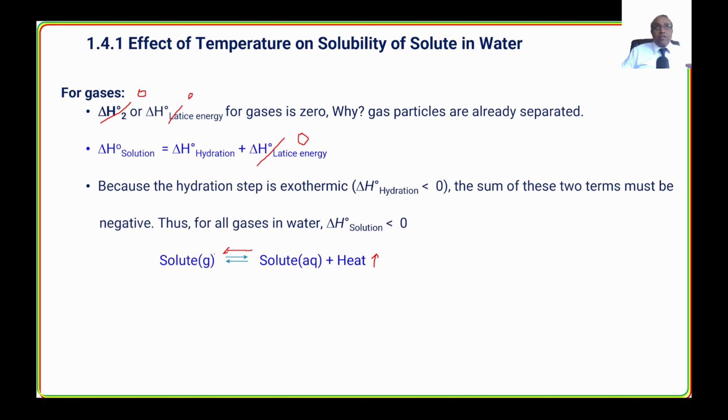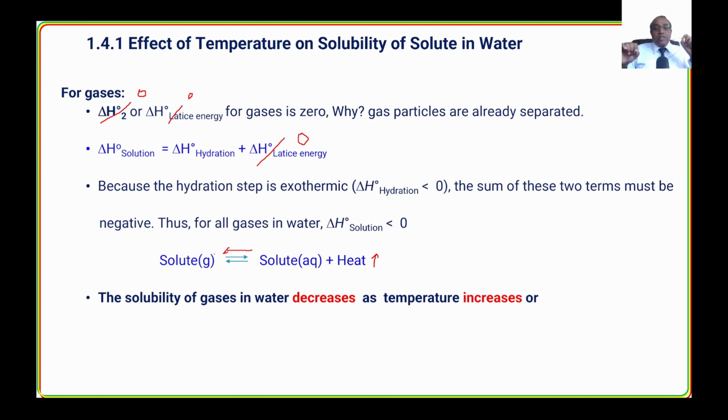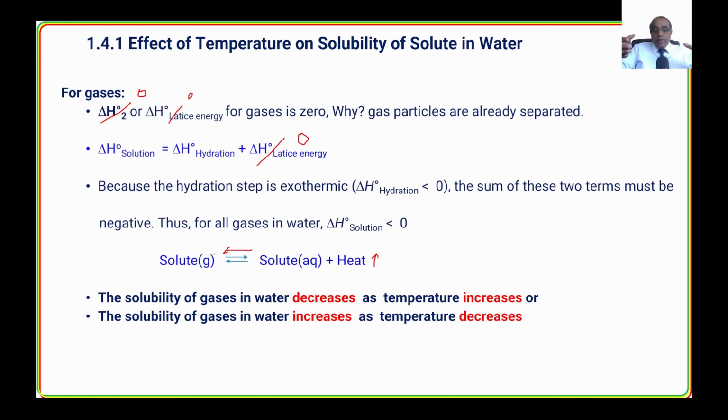So in general, for gases, as temperature increases, their solubility decreases. If you want to dissolve more gas, you need to decrease the temperature. So solubility of gases in water decreases as temperature increases because the enthalpy of solution is exothermic. In other words, the solubility of gases in water increases as temperature decreases. If you cool the solution, you can dissolve more gas.